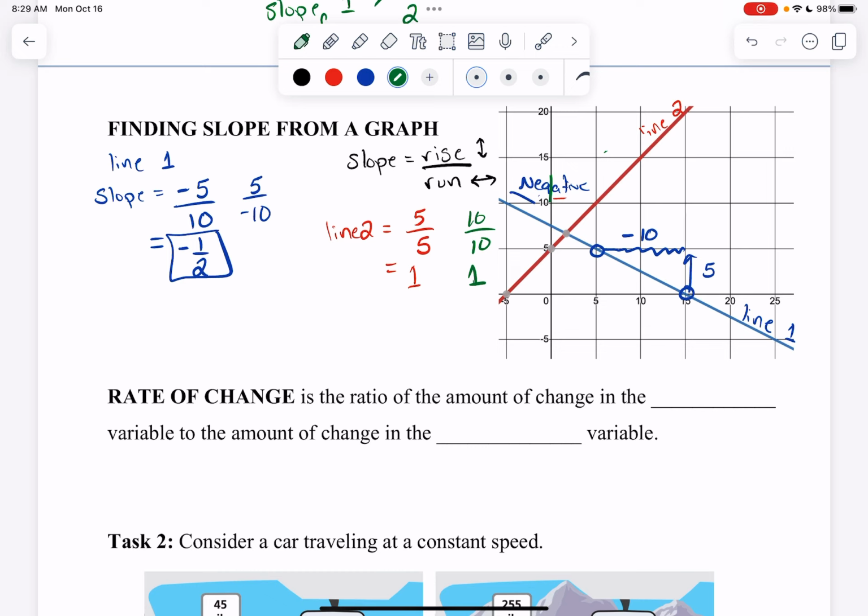Let's say I pick this one, but I go backwards, back 10, and then down 10, negative 10. Well, I'd end up with negative 10 over negative 10, which lo and behold is also 1. The slope is always 1, no matter which points you pick, as long as you pick exact points on the line. The slope for this red one is always 1. Okay, so there's so many different ways of getting that slope, as long as you're consistent with that rise over run idea.